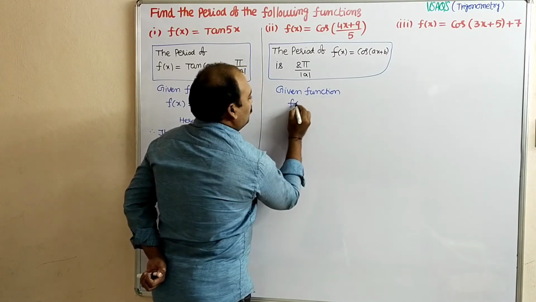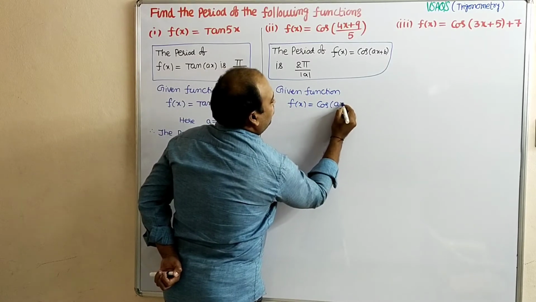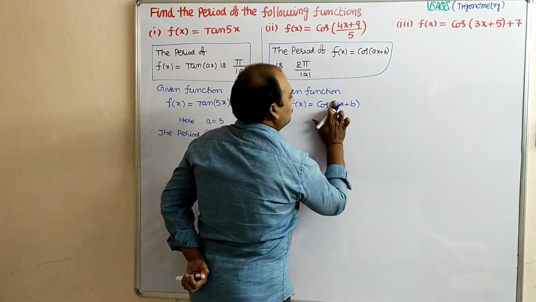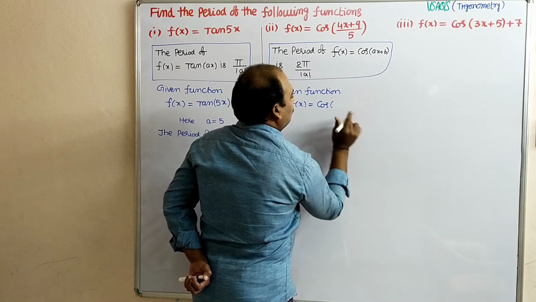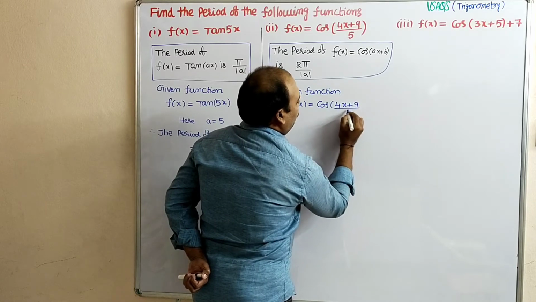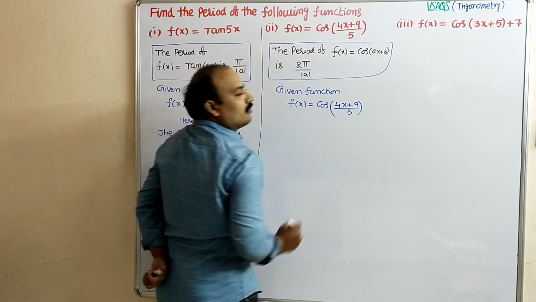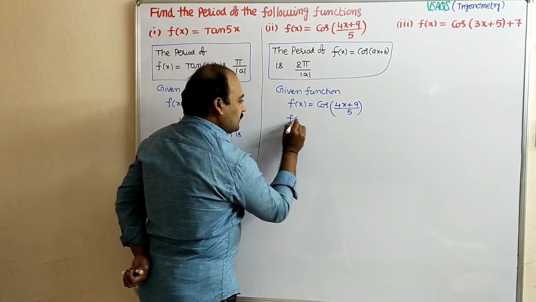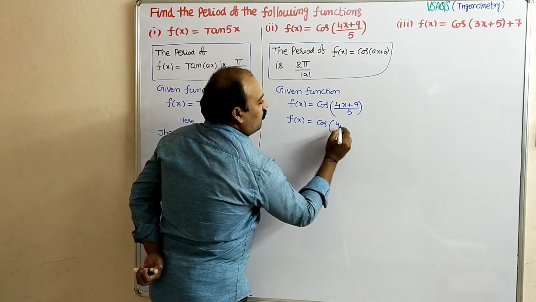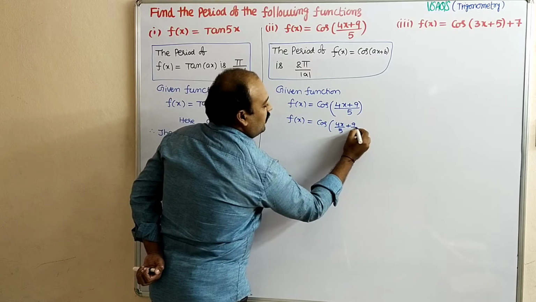f of x equal to cos of 4x plus 9 divided by 5. So now we can split and write it in the form of ax plus b: 4x by 5 plus 9 by 5.